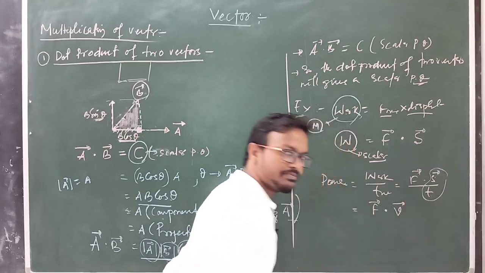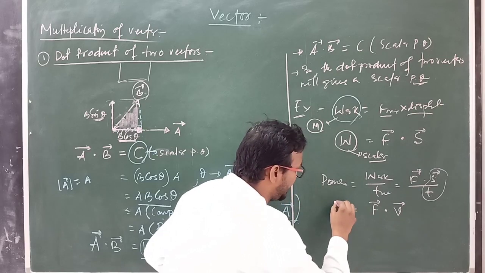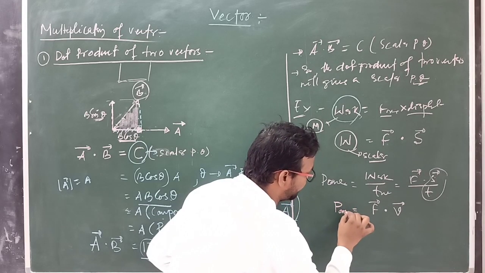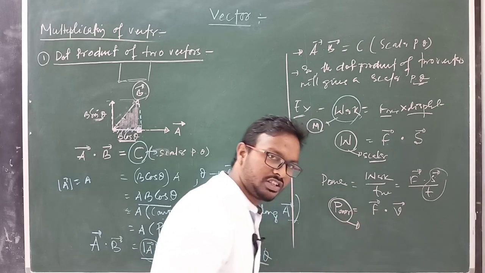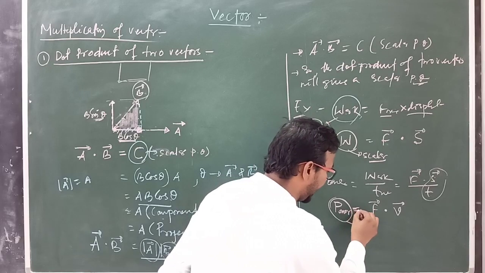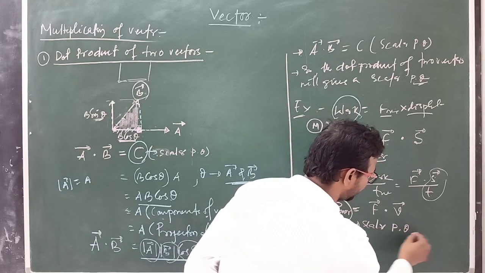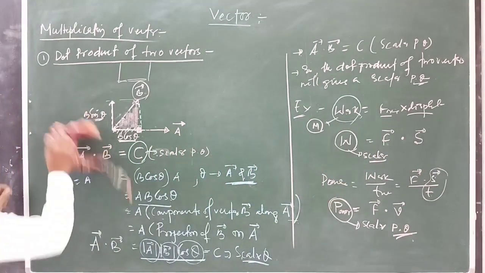Clear? So F vector dot V vector gives a scalar quantity, and that scalar quantity is known as power. So power is here the resultant product, and this is a scalar physical quantity. Clear? Okay.